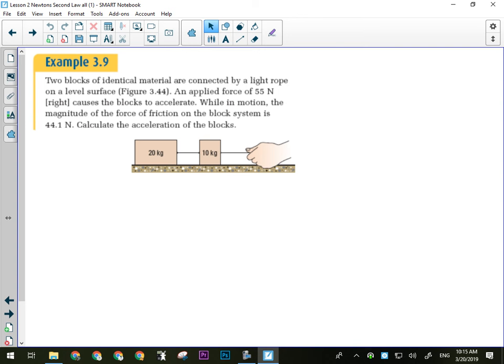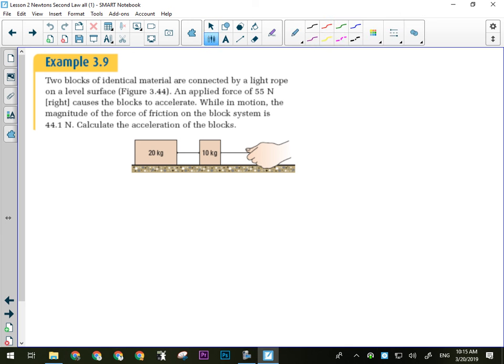So all parts of a system accelerate with the same magnitude, not necessarily the same direction. It is possible for them to go different directions. One is going down, one is going up, but the magnitude of the acceleration for all parts of a system is the same.